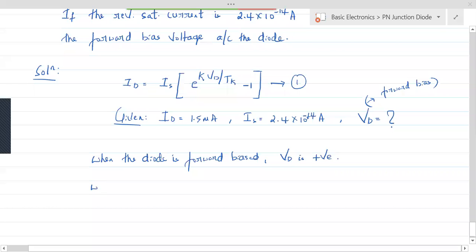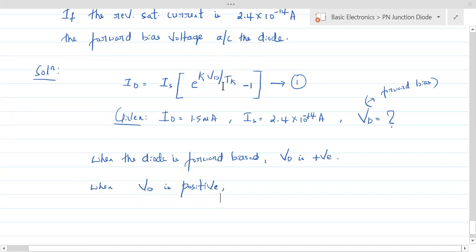When VD is positive, what would happen to this particular exponential, everybody? This would be very much greater than 1. So that is what we're going to write now: e power k VD divided by Tk is much greater than 1.